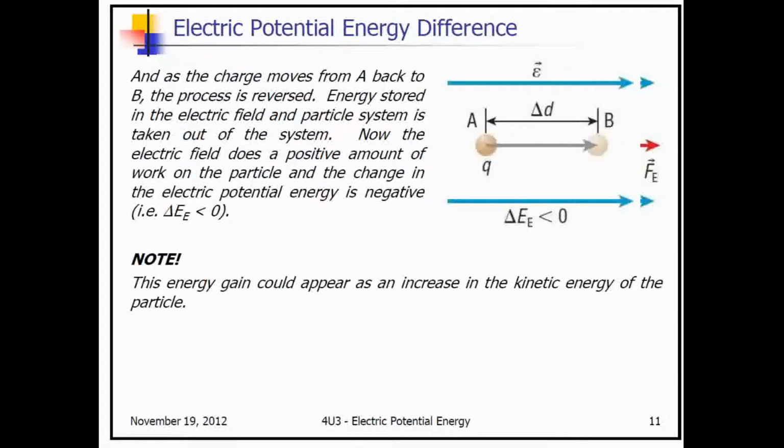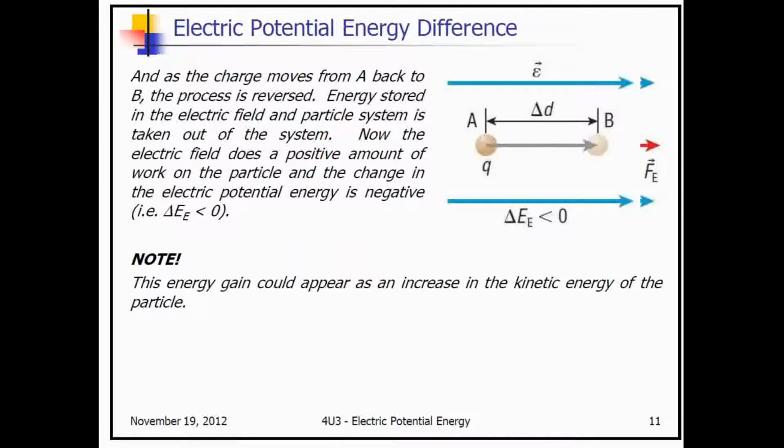If I throw a ball up, I give it an initial velocity and an initial kinetic energy. It starts to slow down as it's moving against the gravitational field. So the work is represented as a loss of kinetic energy.